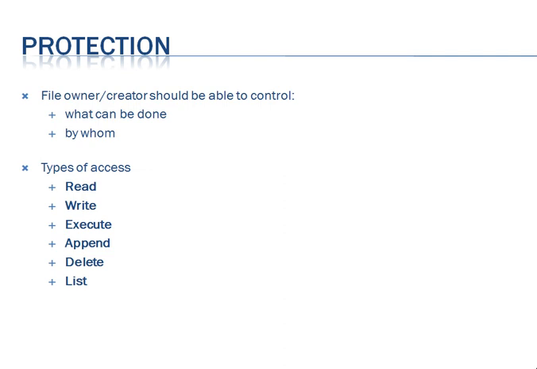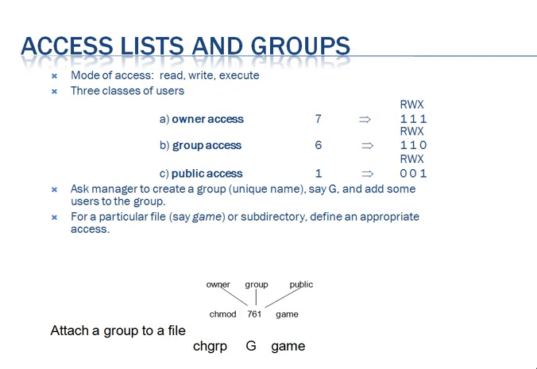Types of access that can be given to the file are read, write, execute, append, delete, or simply list. Access lists and groups: the owner or creator of the file may make use of access lists and groups in order to protect the file.